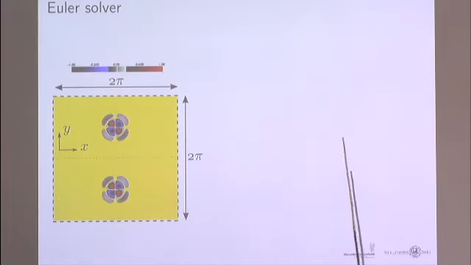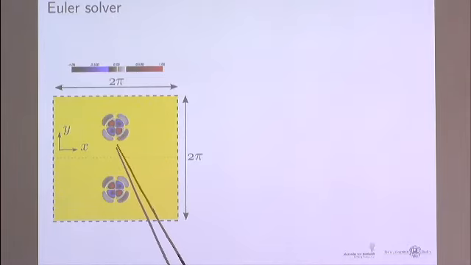So I want to compare three things: the solution of the Euler equations, the solution of the Navier-Stokes equations with some small viscosity, and the solution of the Prandtl equations for this same problem. To approximate the Euler solution, there is a very simple technique, which is to use the symmetry. So I put the mirror image of the vortex on the other side, and then I integrate this. I don't need any boundary condition here, it's just automatically imposed by the symmetry.